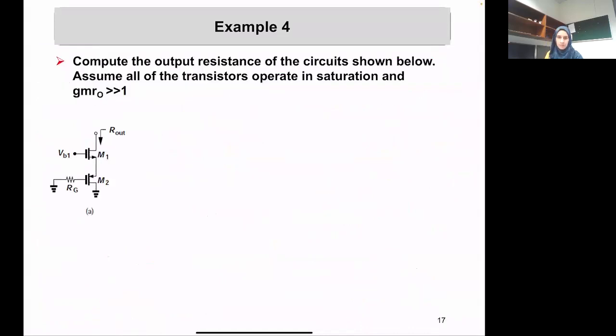Now I'll do a few more examples. This circuit here, we want to find the output impedance that we are seeing, R out, when we can assume that all transistors are operating in saturation, and here I ignore the RS.